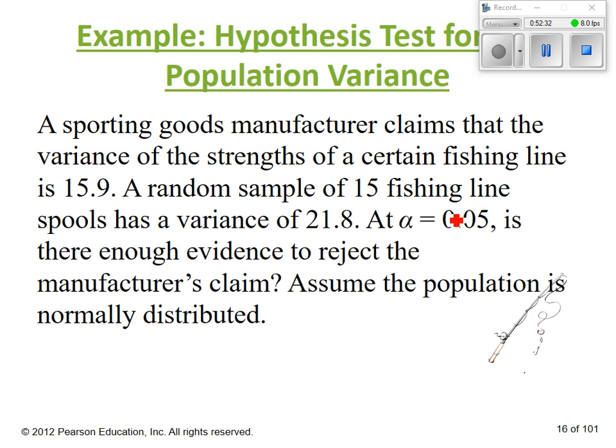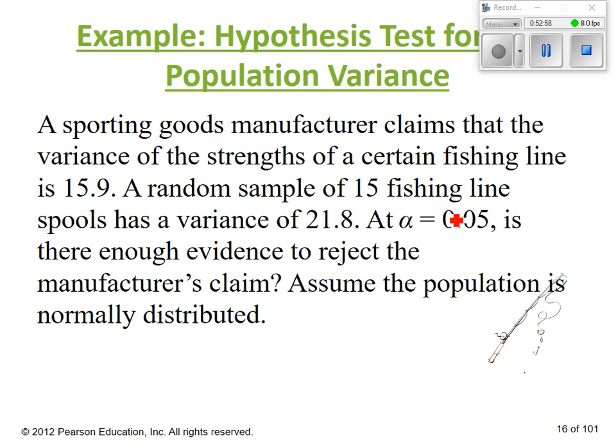We check that. Where does it fall at? Not in the shaded region, so what's that tell us? Fail to reject the null. First part of the interpretation is going to say what?